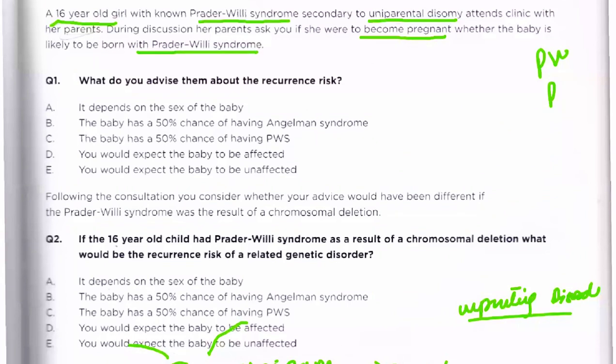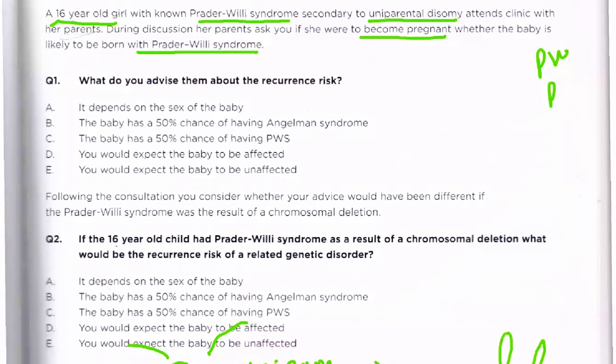One is the deletion, which is usually present in many cases. But see here, the deletion is only of one parent's chromosome. If I talk about the Prader-Willi syndrome, what is my interpretation? I usually consider the chromosome which I have taken from my father to be abnormal.